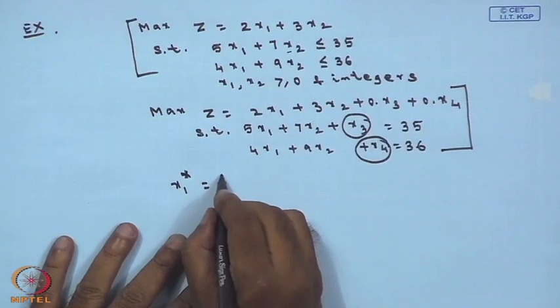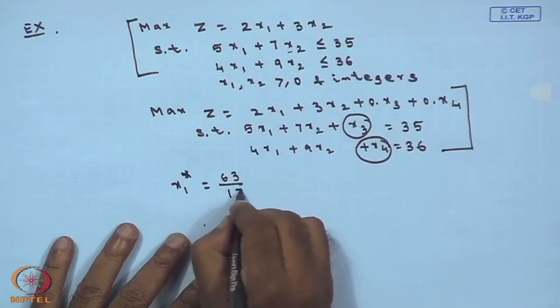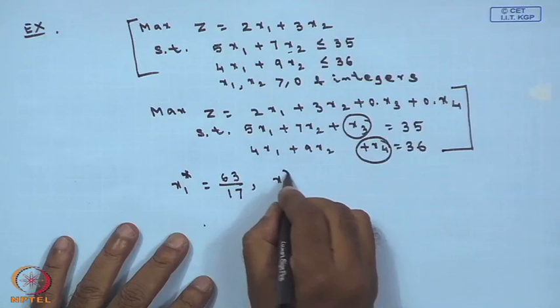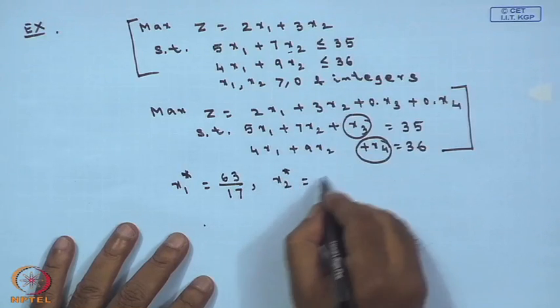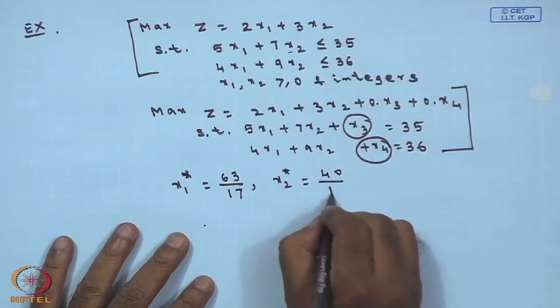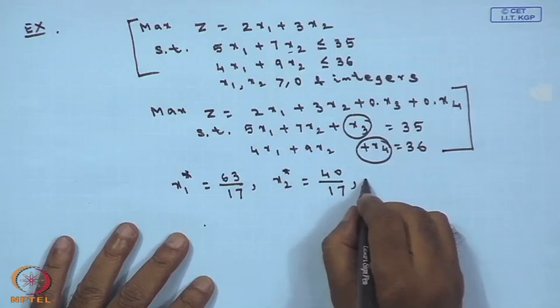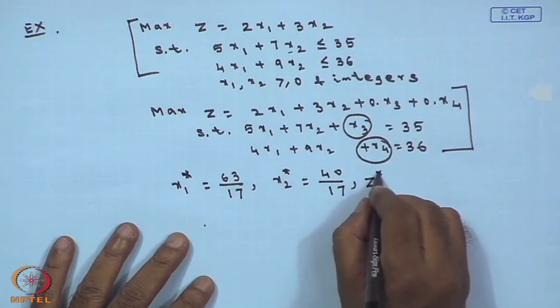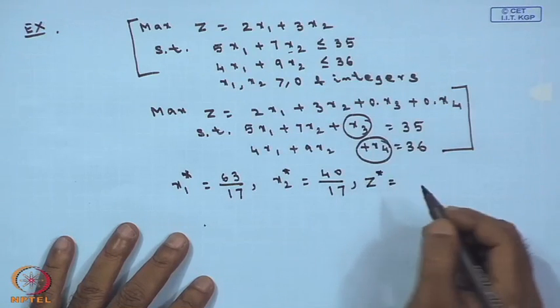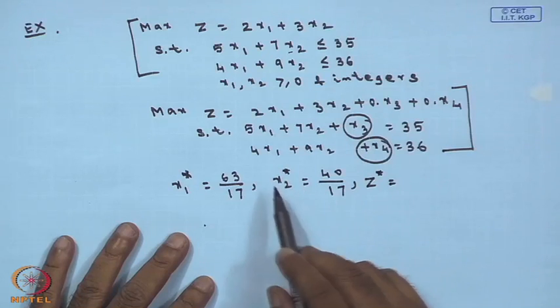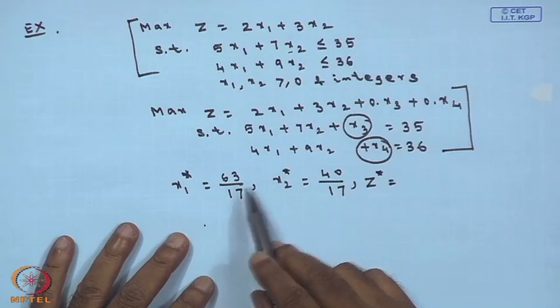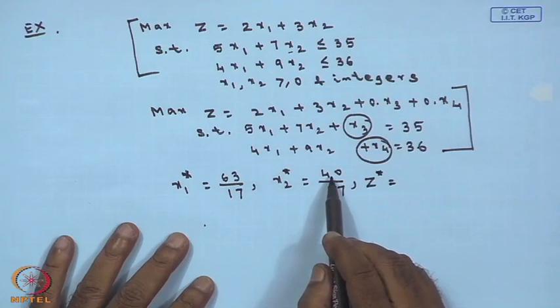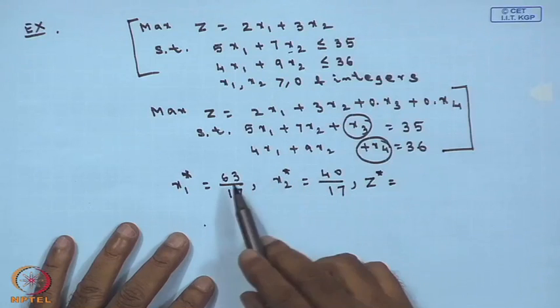So, x1 star equals 63 by 17, x2 star equals 40 by 17, and your Z star, if you calculate, will be 2 into 63 plus 120 into... 126.